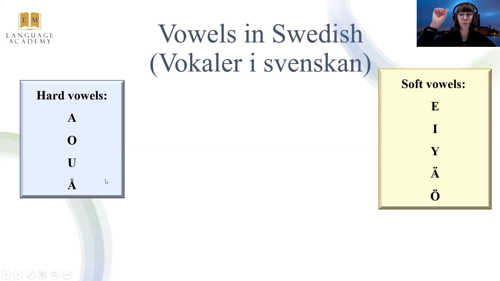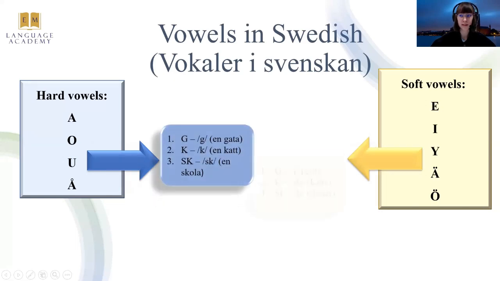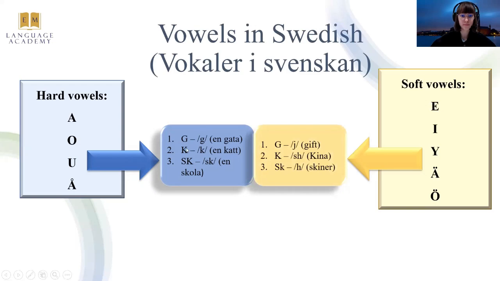Letter A with 1 bubble. Contrary to hard vowels, there are 5 soft vowels. That is E, I, Y, Ä, and Ö. And there are some very, very important rules that you should memorize in order to differentiate between these vowels, right? So, we have 2 sets of rules.